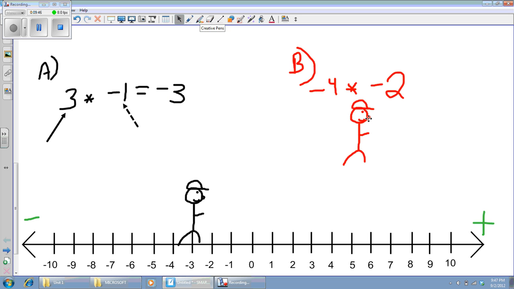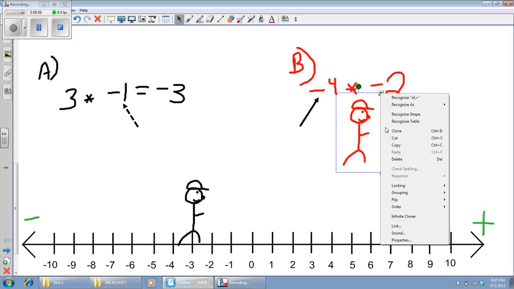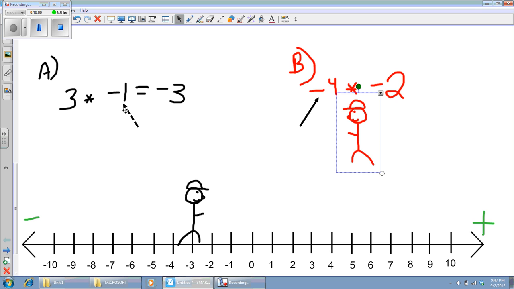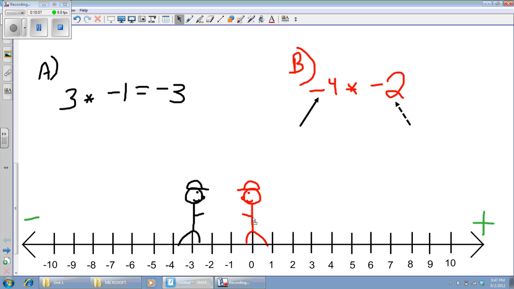All right, on the red one. Uh-oh, danger, Bobby, danger. Bobby's facing the wrong way. My 4 is negative. I need Bobby facing the negative direction. So I shall flip him. Presto. And then the 2 is negative, so Bobby's going to walk backwards. So I'm going to put him on 0, and he's going to do 4 moves of -2.